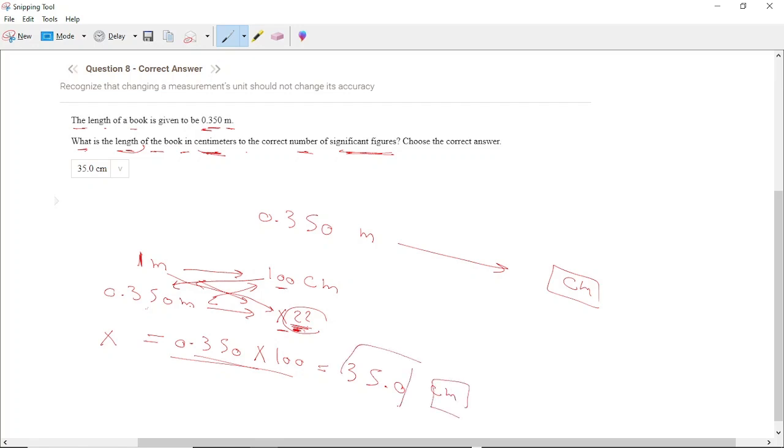So the answer here will be 35.0 centimeters.